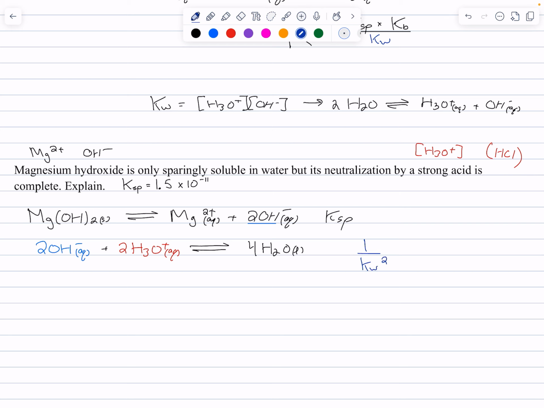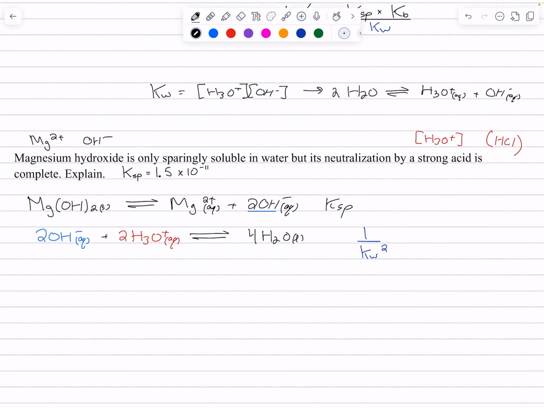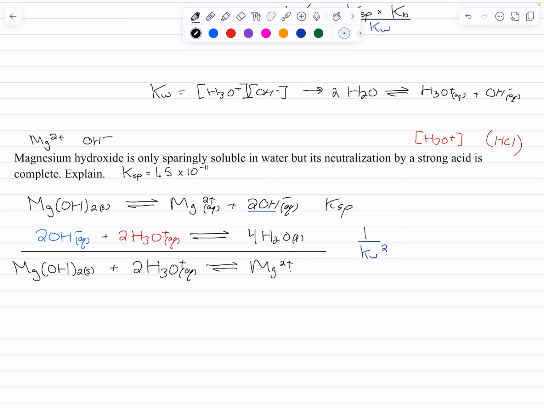Okay. So if we were to add these reactions up, what would we get? Well, we'd have our magnesium hydroxide plus 2 hydroniums, giving us magnesium ion and 4 waters, I believe.